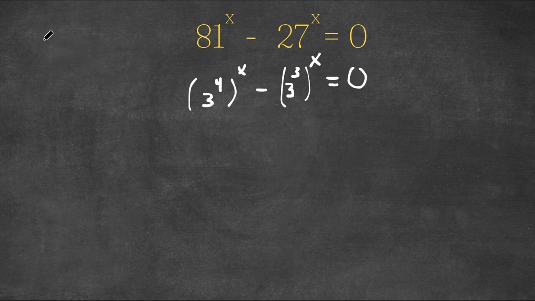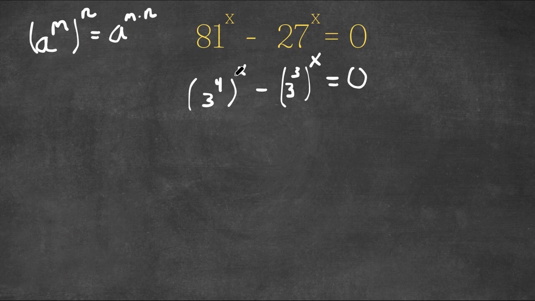Now, if we have something in the form (a^m)^n, this is actually equal to a^(m times n).